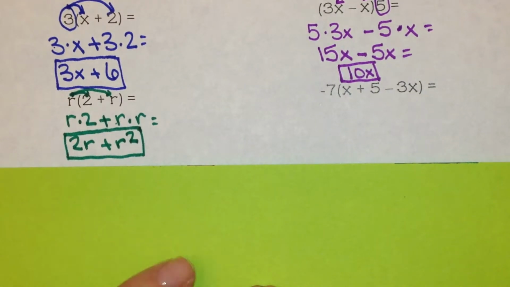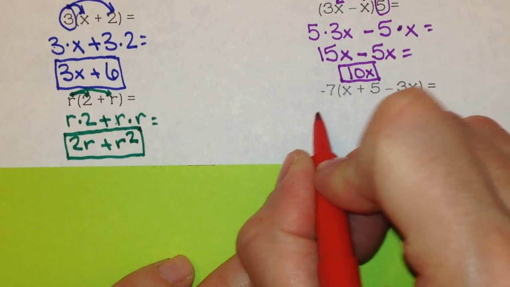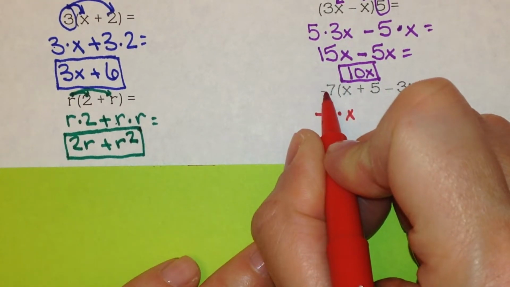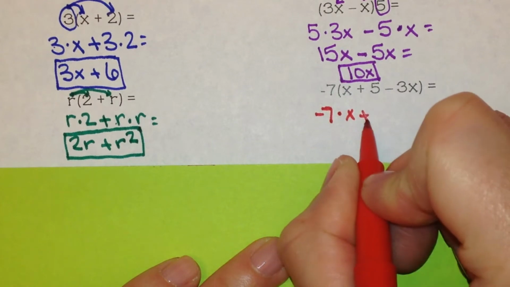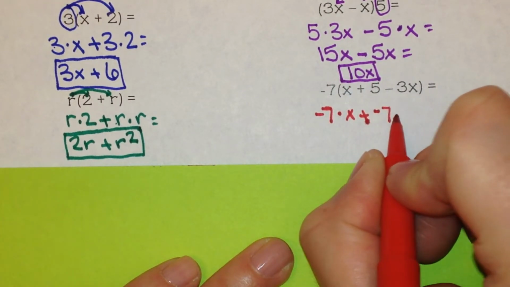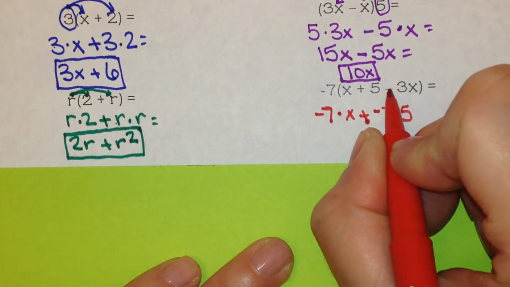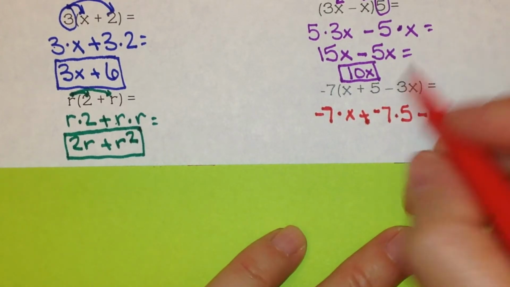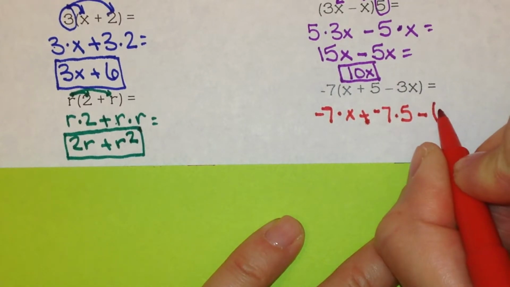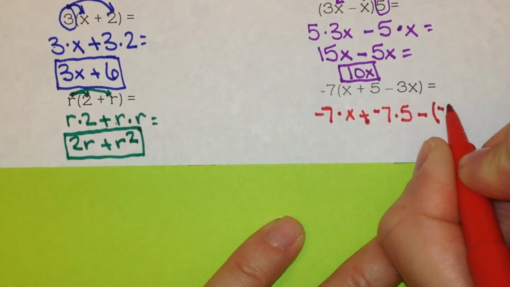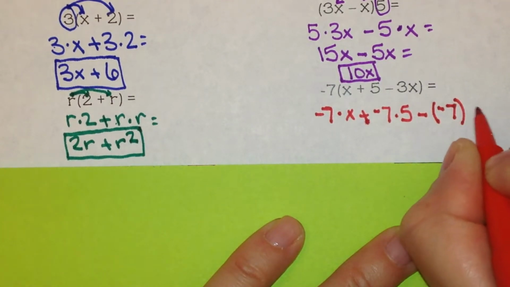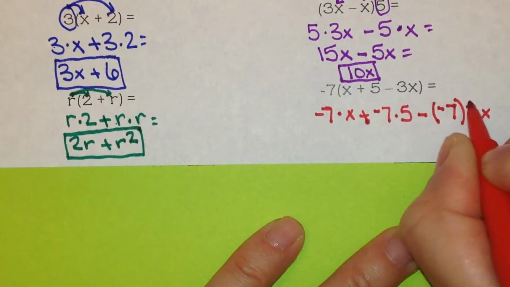All right, now over here, we have negative 7 times x. Don't forget that negative that's out there. Bring down that plus. Then we have negative 7 times 5. Bring down the minus. Negative 7. I like to put it in parentheses if it's right next to a minus, just so we realize that is a negative 7 times 3x.